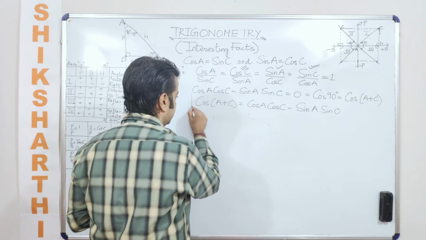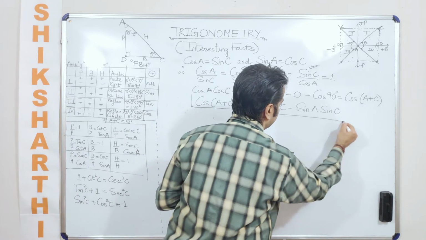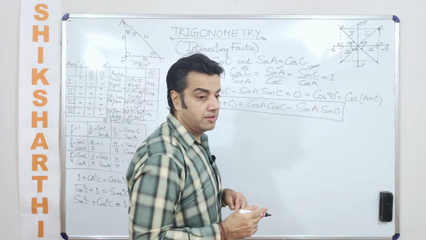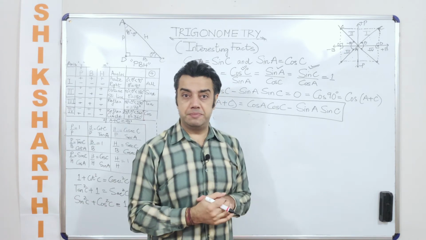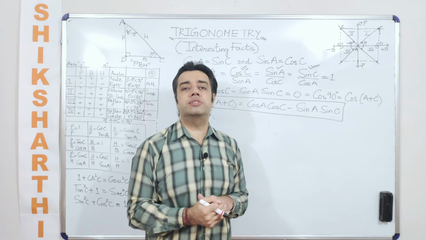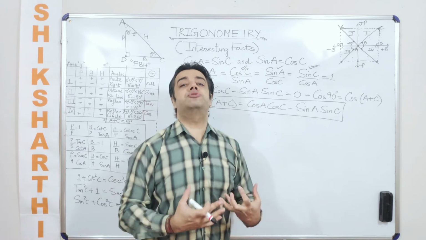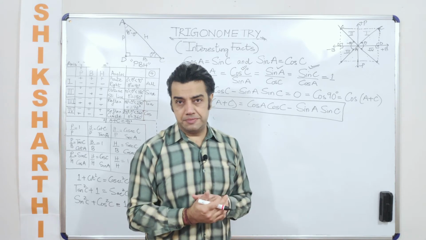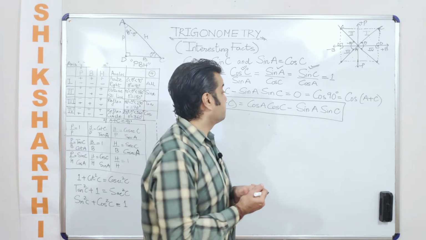So you are able to establish a trigonometric identity just in a fantastic manner. And if you have seen my earlier videos, I have always been focusing on knowledge comes to you only when you learn things fantastically. Right? Okay.